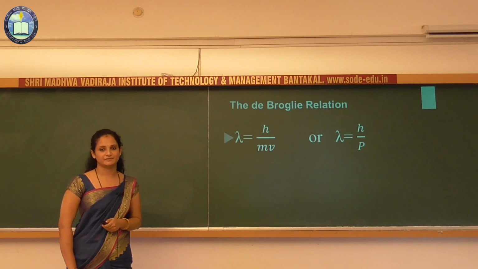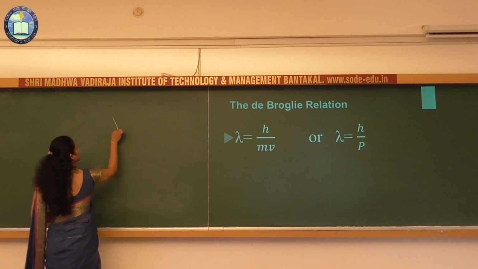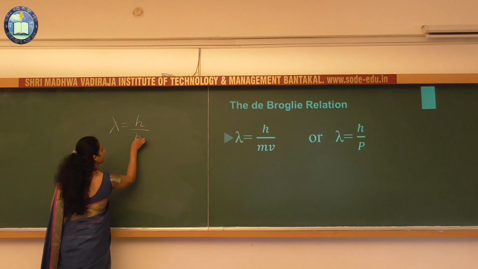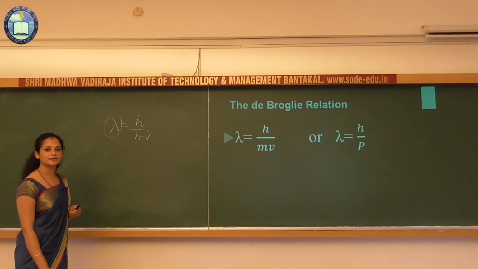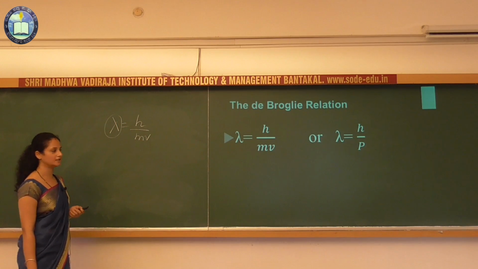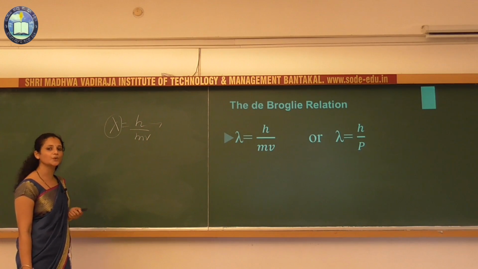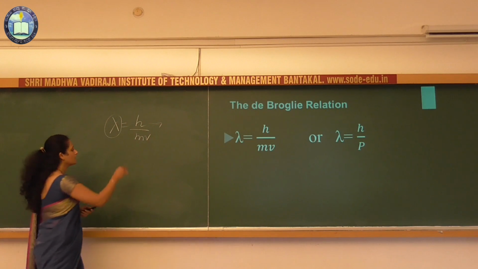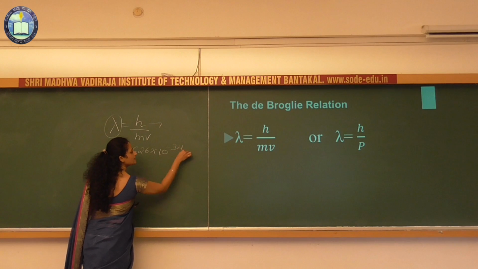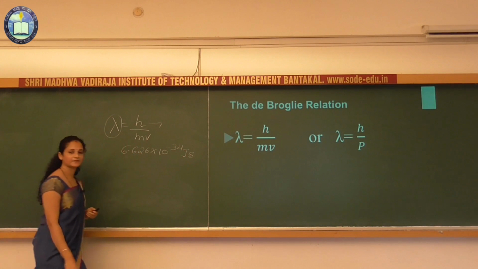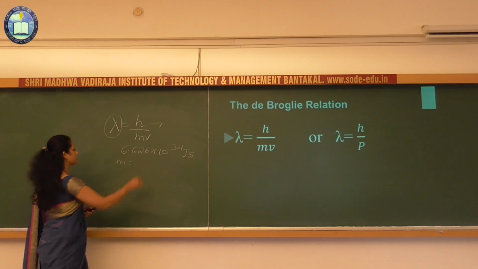He gave a relation which is known as de Broglie's equation, which is lambda is equal to h by mv. Lambda means wavelength of the wave associated with the particle, whereas h is Planck's constant. We know the value of Planck's constant, 6.626 into 10 to the power minus 34 joule second, whereas m is the mass of the particle.